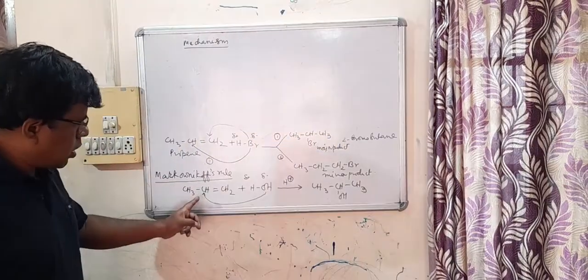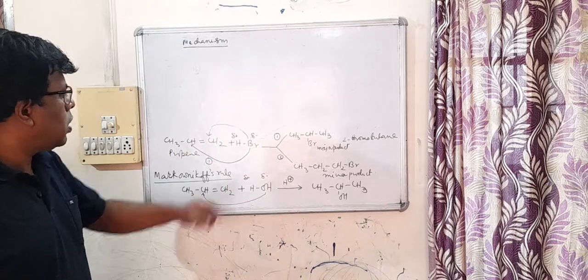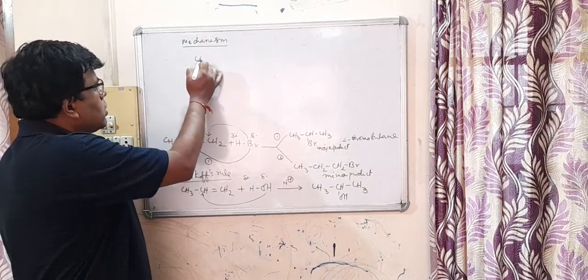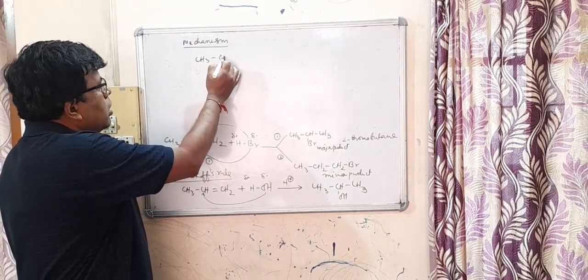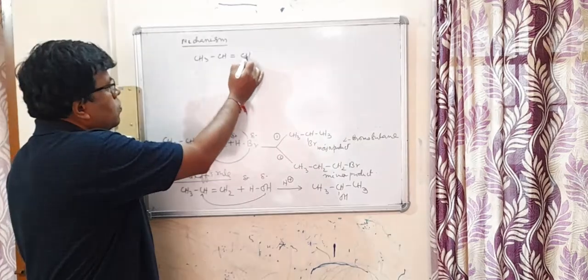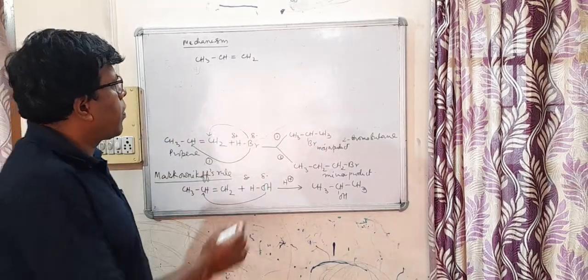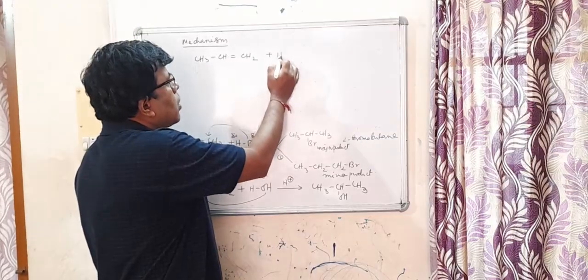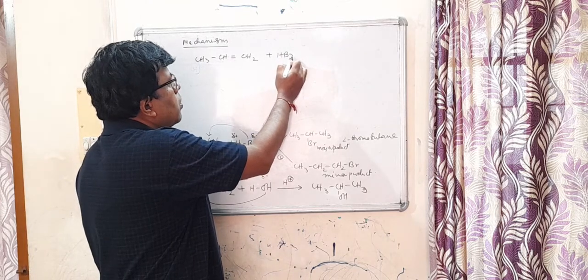So let us consider this reaction only. This is CH3 CH double bond CH2 plus HBr.